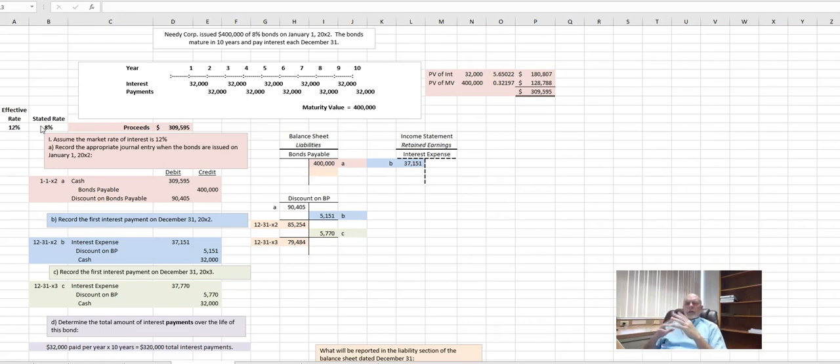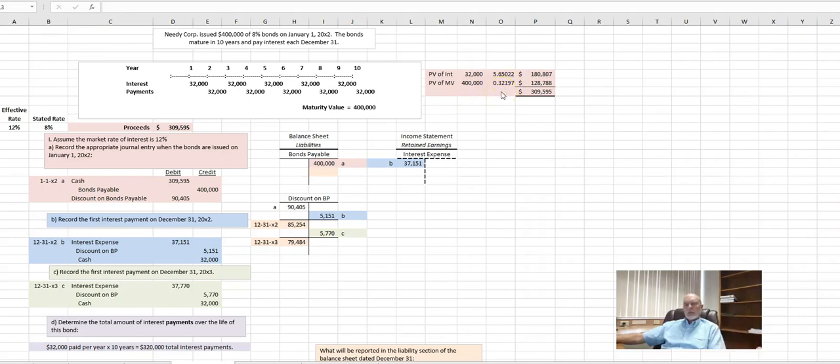Well, how far? We're going to calculate that by using these future cash flows, the $32,000 annuity and the $400,000 lump sum, but we're going to present value them using the effective rate of 12%.